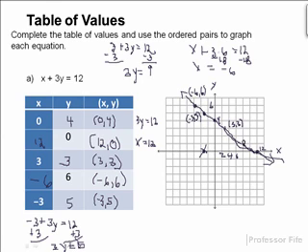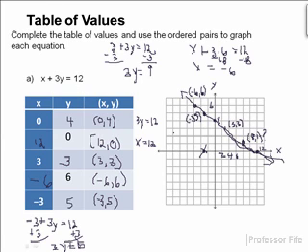For example, it looks like there's a point right here at 2, 4, 6, 8, 1. I'm going to put a question mark there. Notice that when I check it, when x is 8 and y is 1, you get 8 plus 3 times 1. 8 plus 3 is 11.